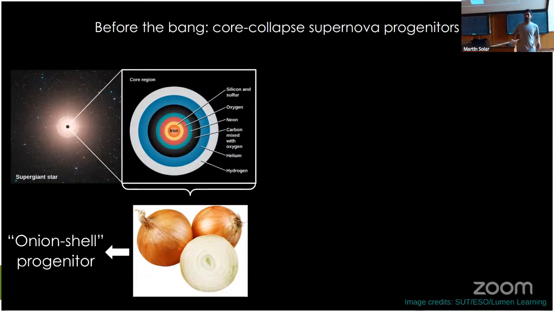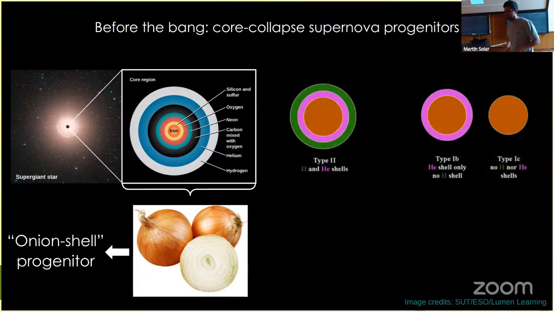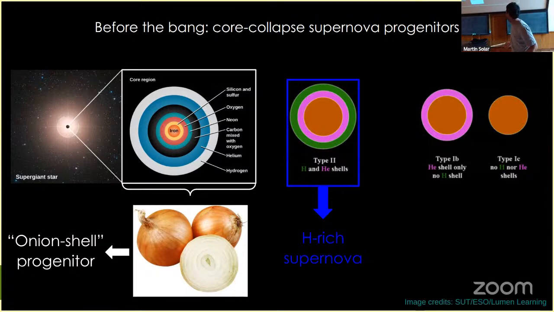So I would say that a more friendly representation is given by this cartoon, where we have a type 2 supernova, in which the star, prior to the explosion, preserves the outer layers of hydrogen or helium. Well, in the community it's called type 2 supernova, but I prefer to call this hydrogen-rich supernova, because it makes sense, because in the spectrum we observe the hydrogen features.